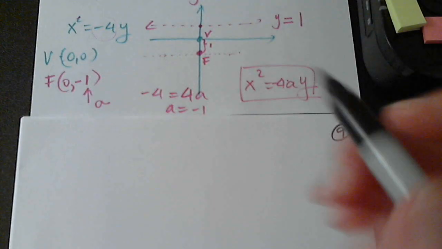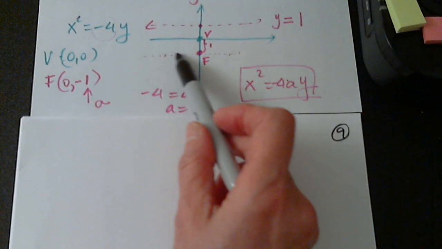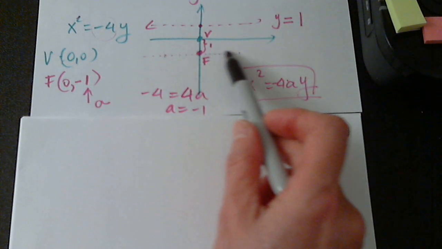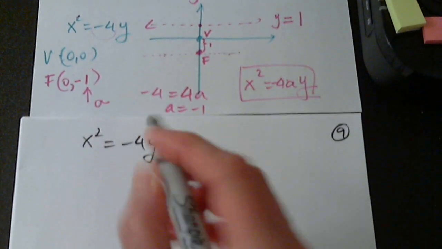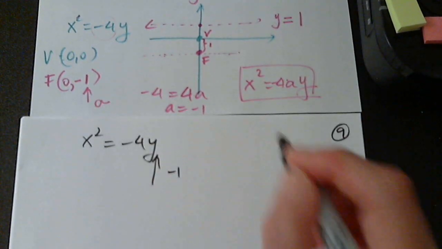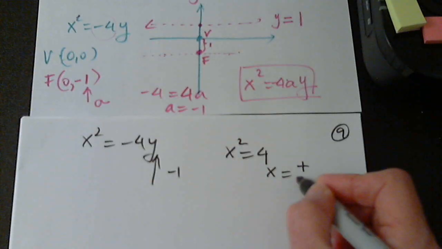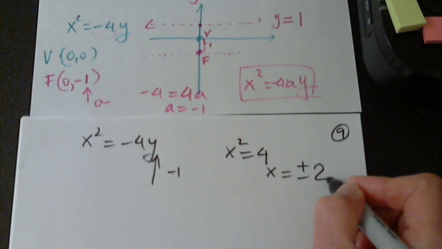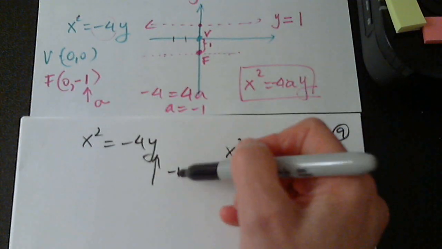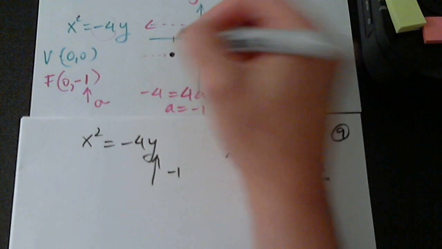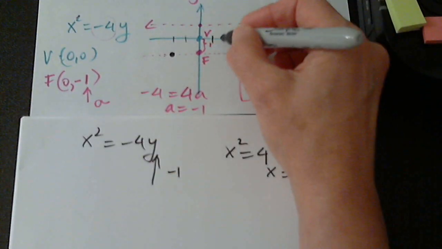Okay, so this time I will say when y equals negative 1, x squared equals negative 4y. When y equals negative 1, x squared equals 4, which means x equals plus or minus 2. So when x is negative 2, y is negative 1. When x is 2, y is negative 1.